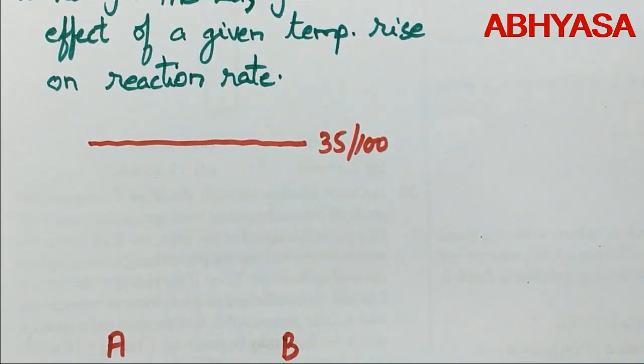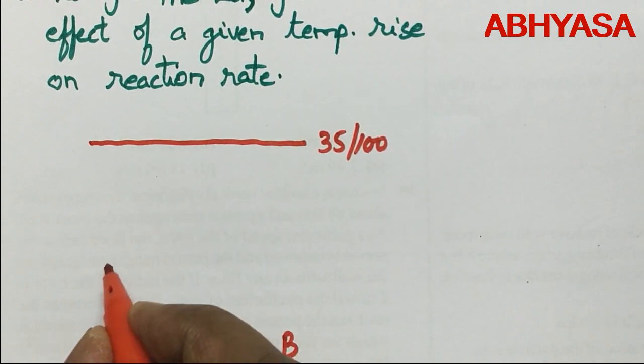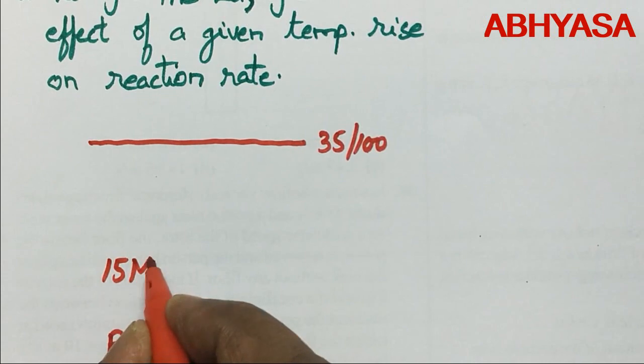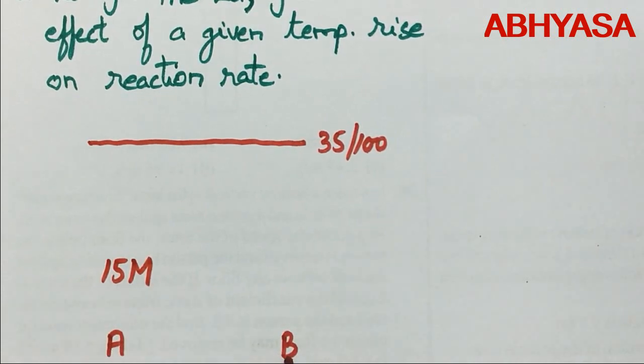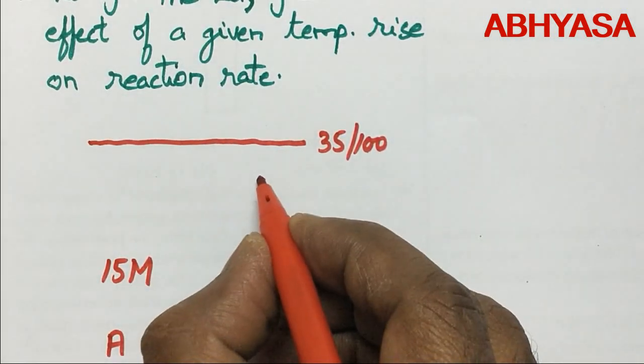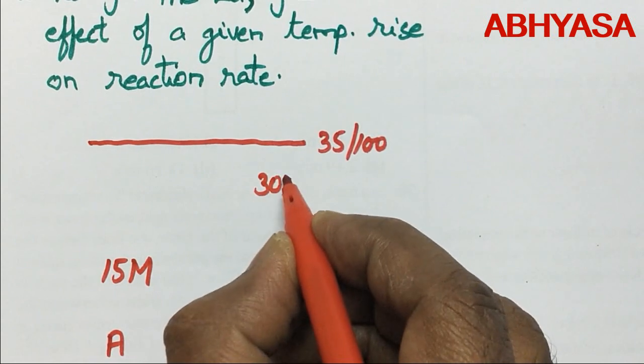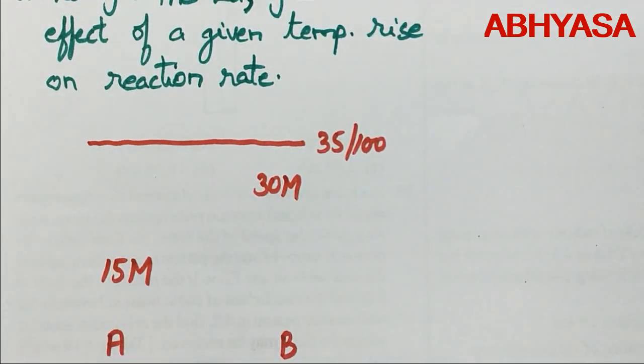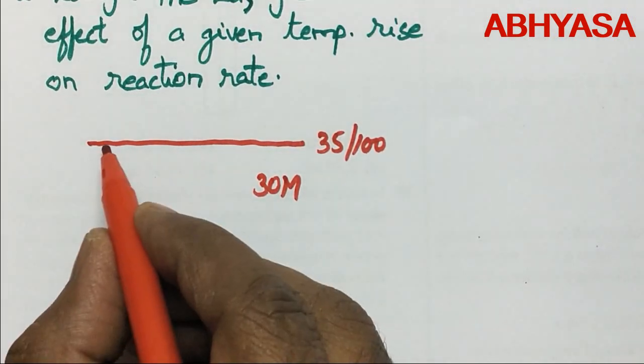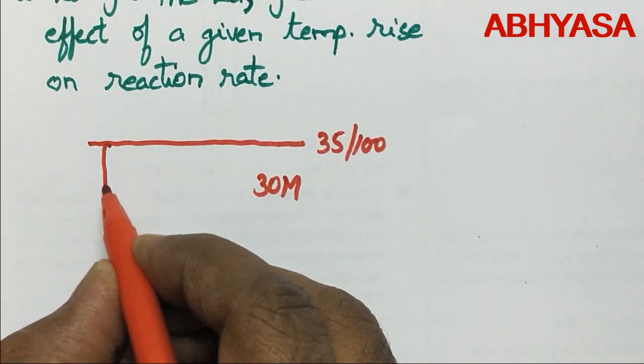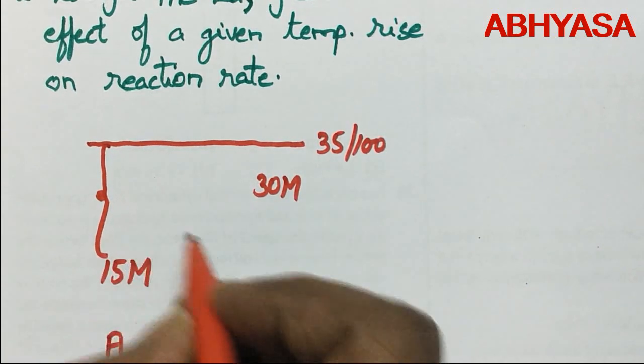Let me assume that student A prepared only up to 15 marks and student B prepared up to 30 marks. Means student A could write only up to 15 marks. He should get additional information from other sources.